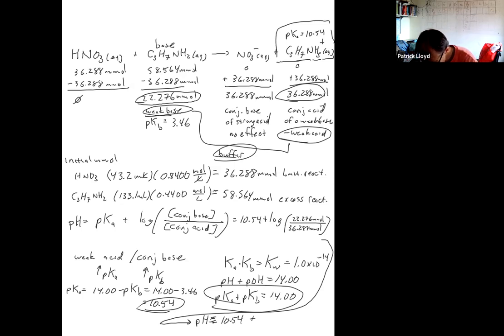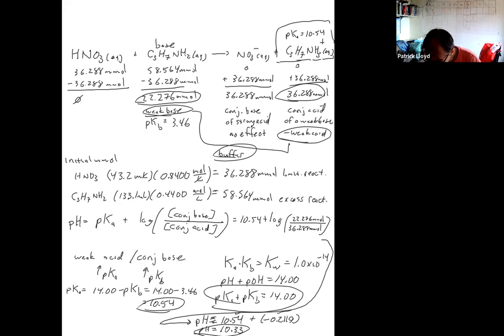And that's a minus 0.2119. So that's the same as just subtracting it. And it looks like you get 10.33. All I did was take the 10.54, the pKa, and then add this negative 0.2119.